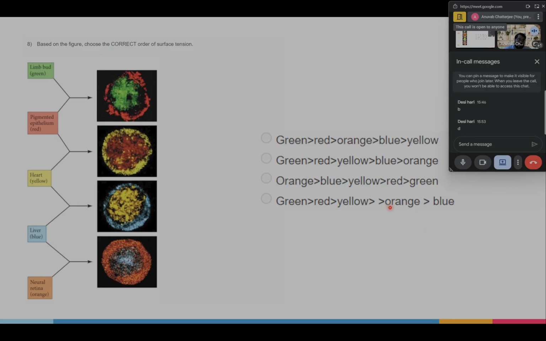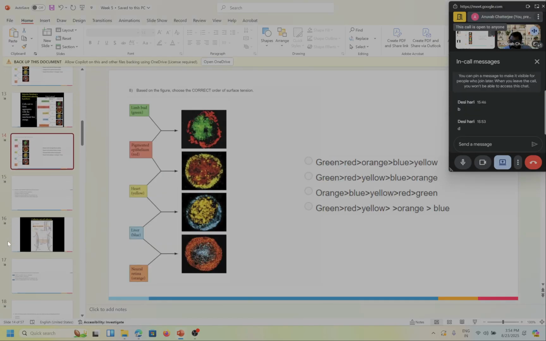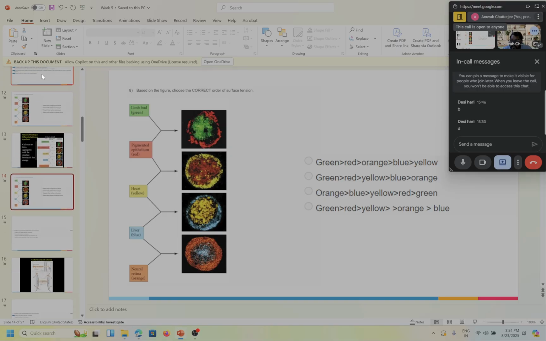Green, red, yellow, blue, and orange. So the correct option is number B. I don't have the arrow here.